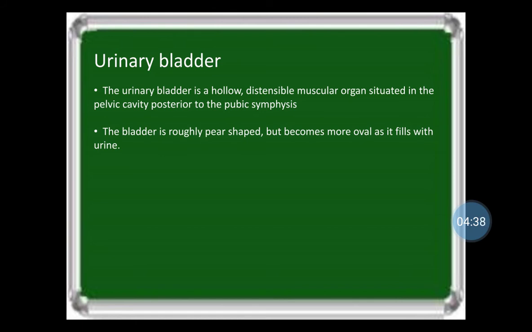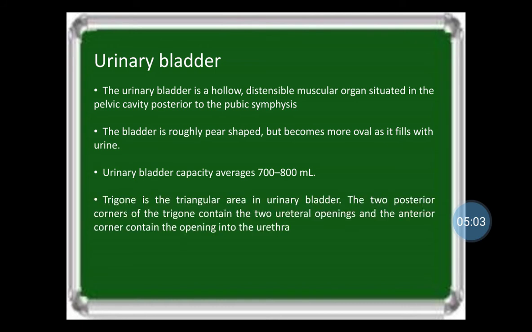The bladder is roughly pear-shaped, like a balloon, but if it becomes full with urine, it becomes oval. The urinary bladder capacity averages 700 to 800 ml, but it is smaller in the female because the uterus occupies the space just above the urinary bladder.